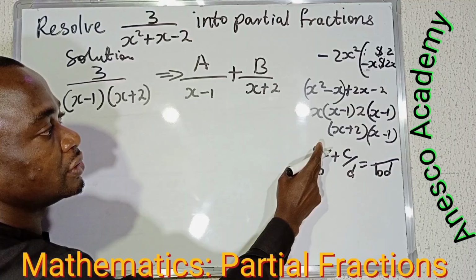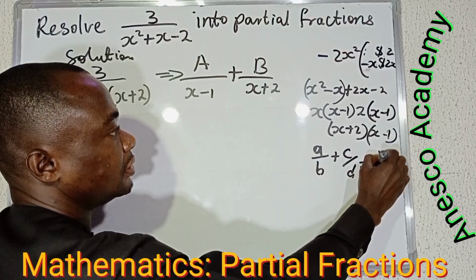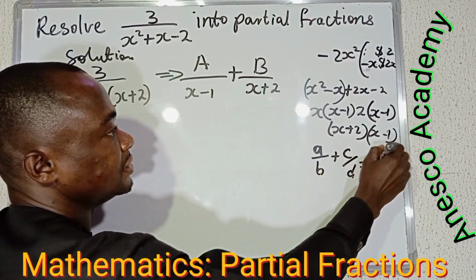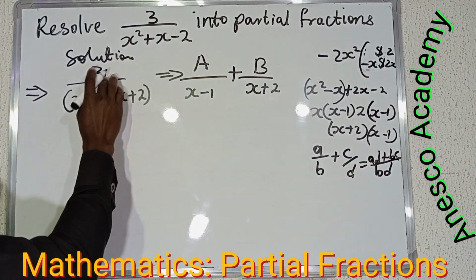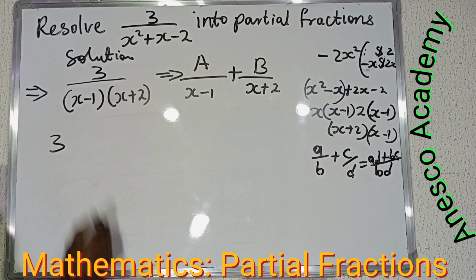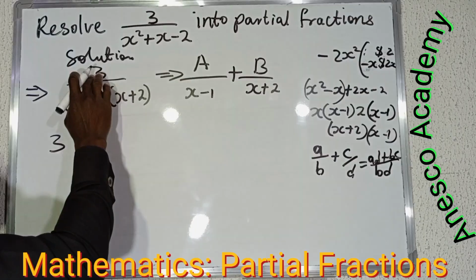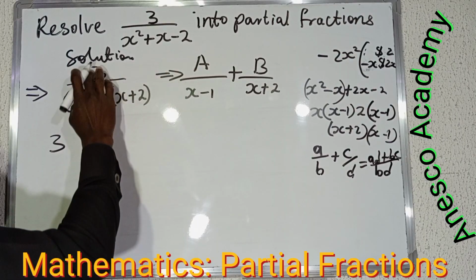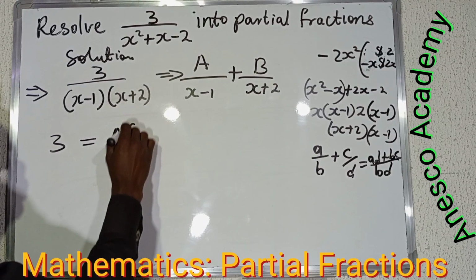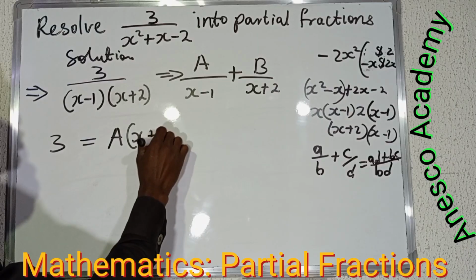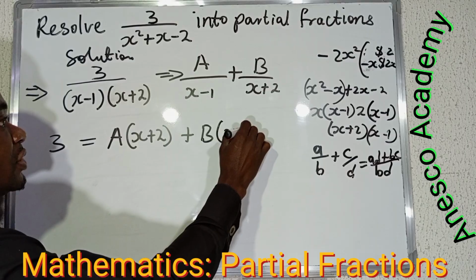What will be your numerator? ad plus bc. You understand? So therefore, the numerator here is 3. The numerator on the other side is going to be a in bracket x plus 2 plus b in bracket x minus 1.